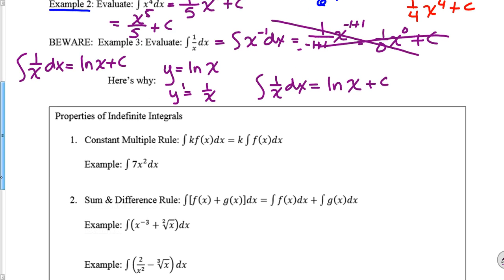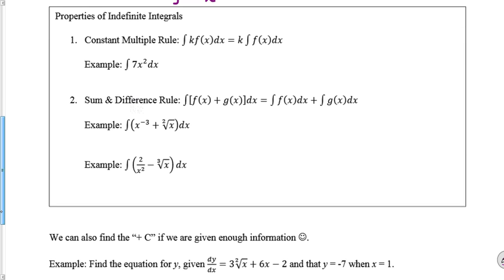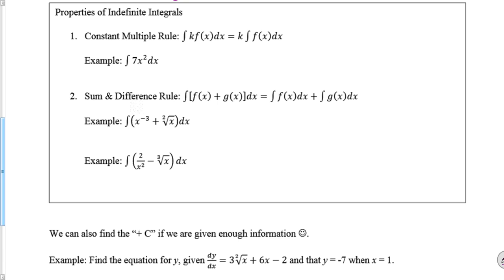Okay, so let's look at our properties now. Our properties of integrals are exactly the same as our properties for derivatives. If I have a constant, some number times a function, I am welcome to take that constant and pull it outside of the integral, deal with the antiderivative of my function, then multiply by that k when I'm finished.